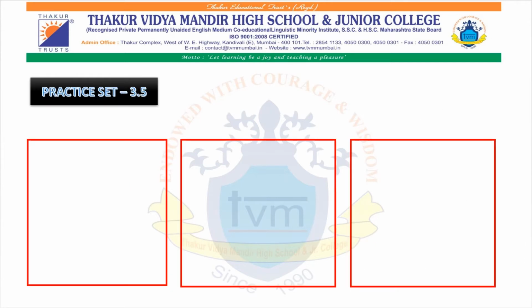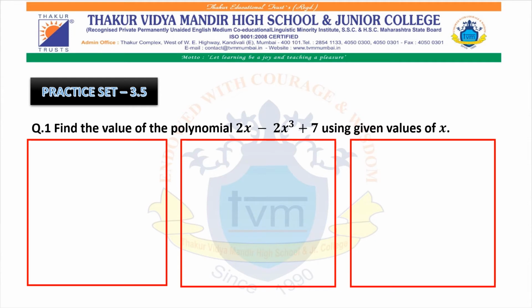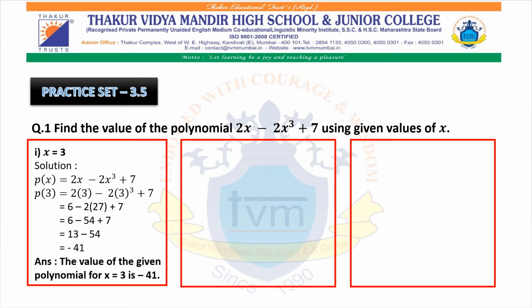Practice set 3.5. Question 1. Find the values of the polynomial 2x minus 2x cube plus 7 using the given values of x. First, x equals 3. Solution: p of x is equal to 2x minus 2x cube plus 7. Here, instead of x we are going to substitute the value 3.